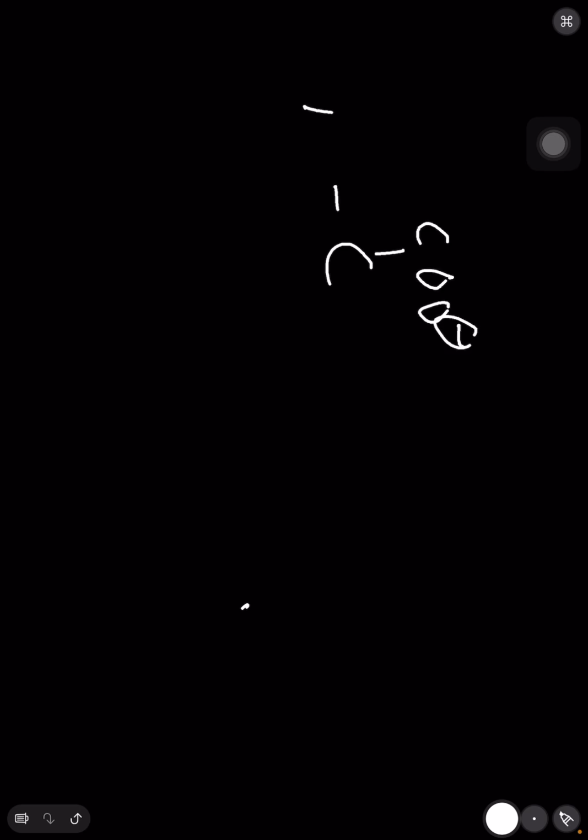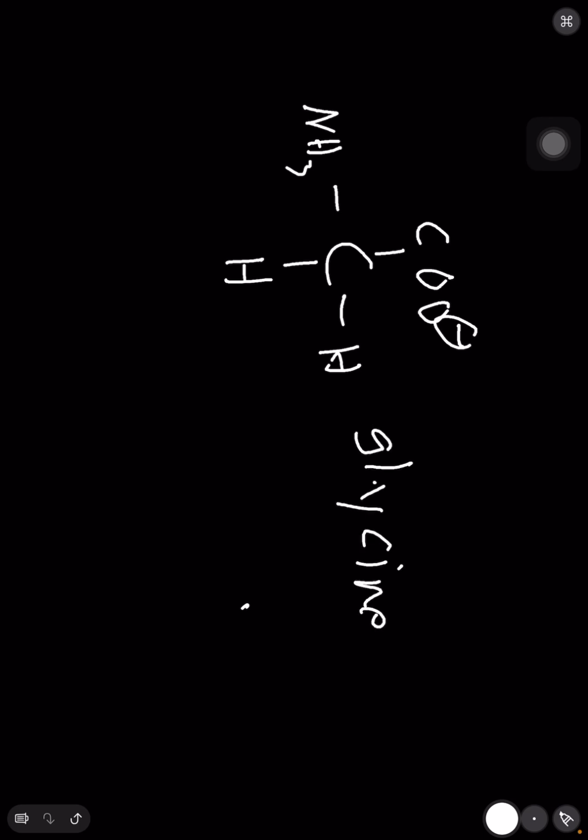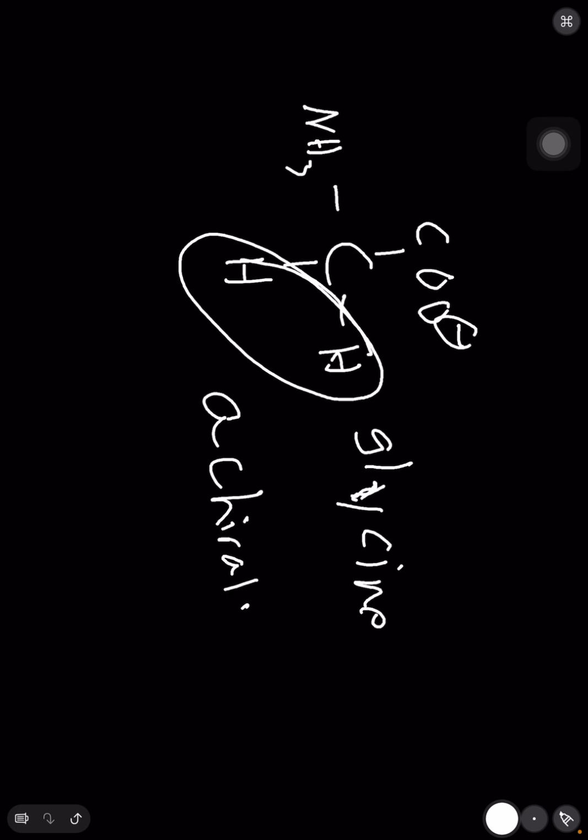Carboxy terminus, N terminus, H, and then its side chain is actually just an H, right? So if you remember from organic chemistry, you can't have a stereogenic or chiral center if two of the groups are exactly the same. So this is the only achiral amino acid, at least of the 20 that we use in proteins.